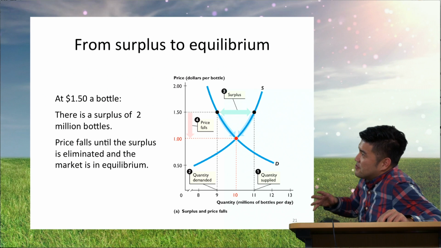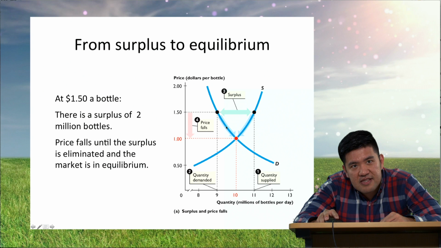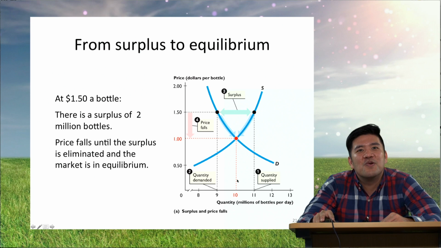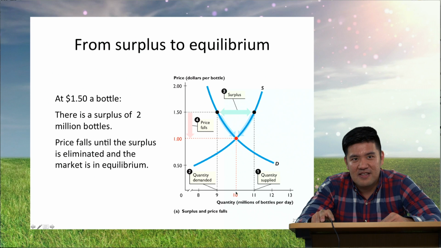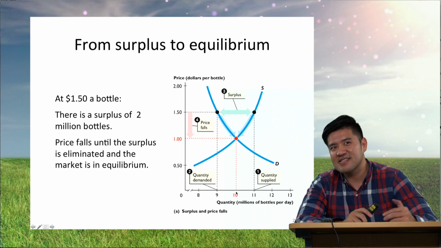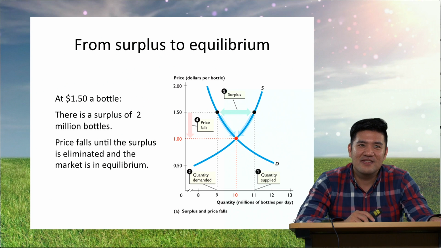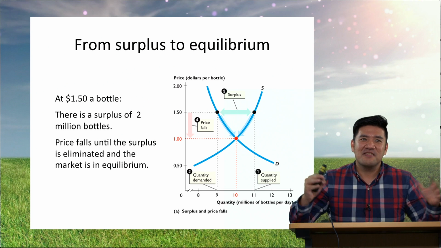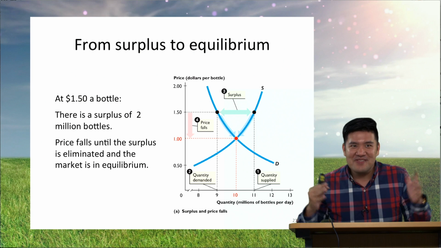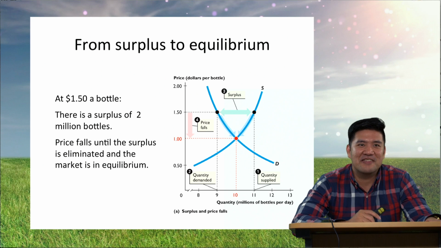When price drops, quantity demanded will increase, quantity supplied will decrease, then we are in agreement. QD is equal to QS, which is at 10. So, okay. Interesting, isn't it? It's amazing how economists can capture what is going on in the real world using a graph, guys. I find it very exciting.